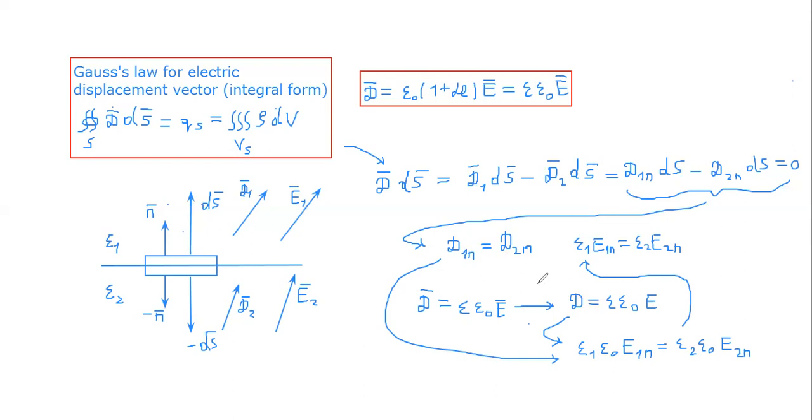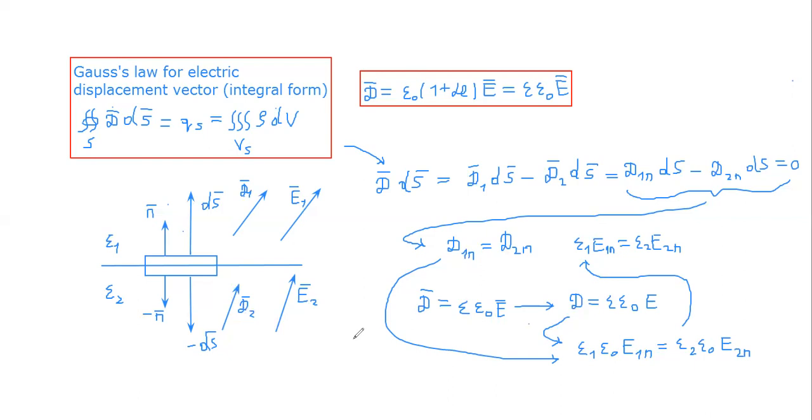So what about it was normal? It was the normal part of the displacement vector or vector of electric field intensity. And what about the tangential part?